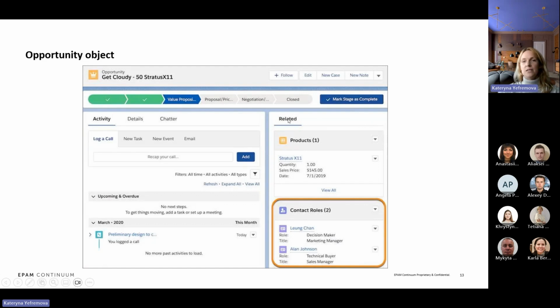Usually in Related, we can see what is connected to it, for example products. If we're talking about a patient, it would be medical treatment, or maybe medicines which are needed. It could be contacts, different ones, for example relatives as well. We can add relatives who could be contacted in terms of any issue, but I believe it would be on the contact level.